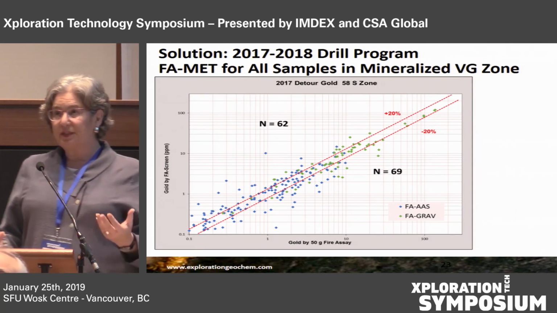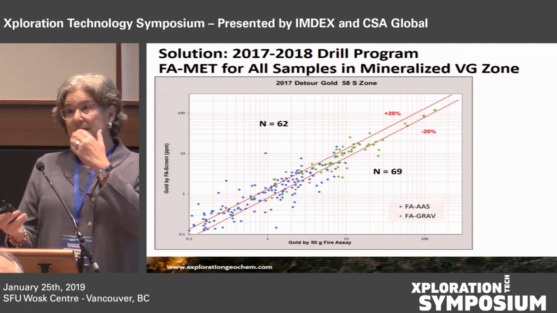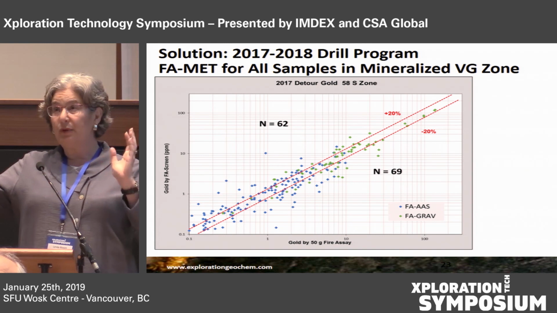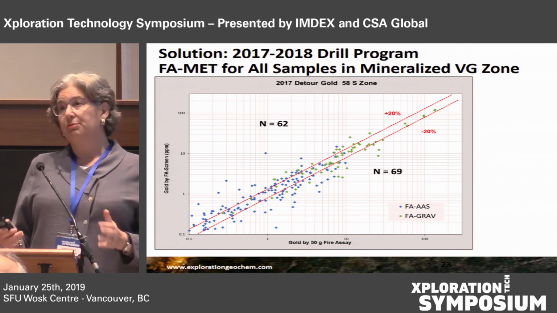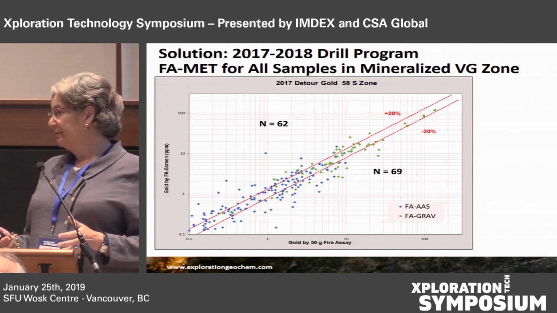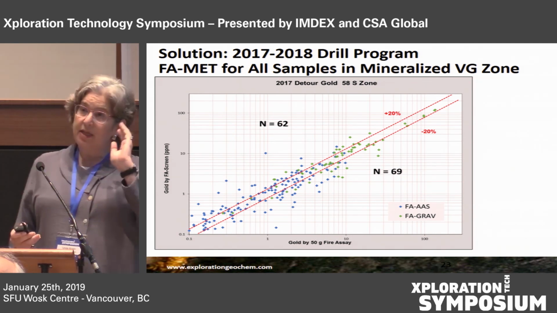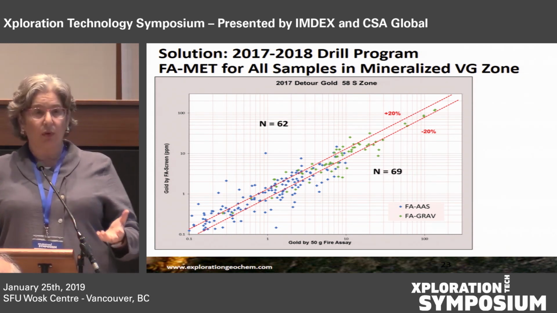Now, how can we fix this sort of thing? It's really not hard. What Detour does now, they gave me this example from their last drill program, and they'll go into a mineralized zone, and all of the samples will be assayed for screen metallics. So here's where we have gold by 50-gram fire assay on the x-axis, screen metallics on the y-axis, and again, it's more or less even.